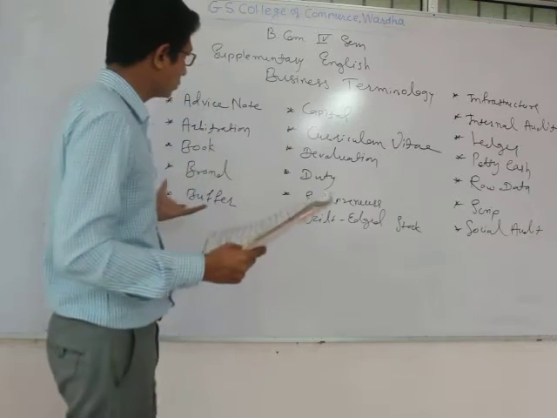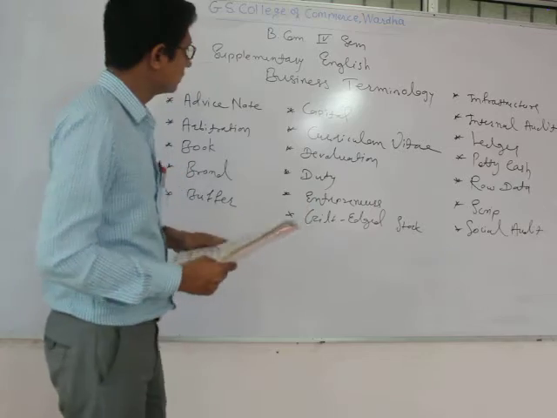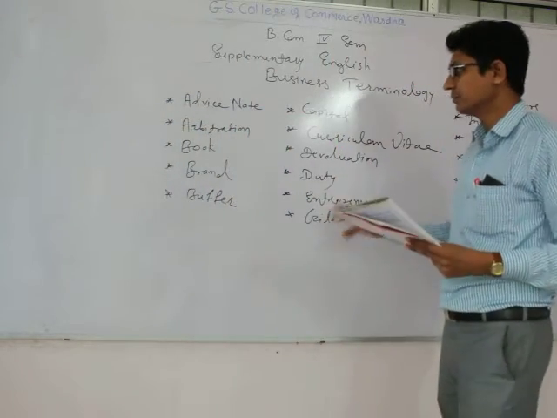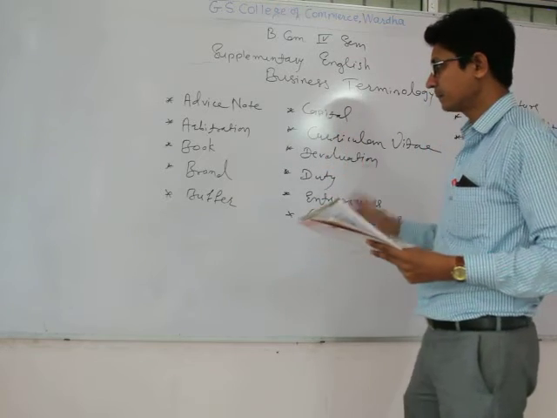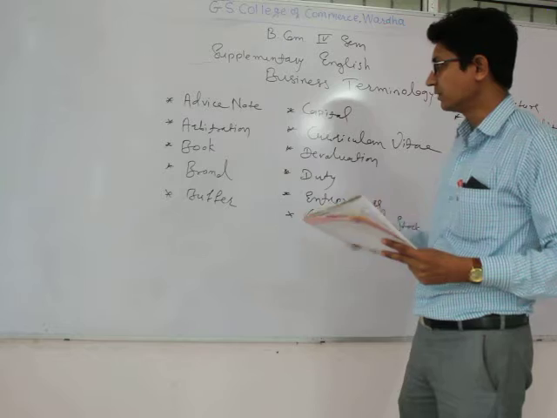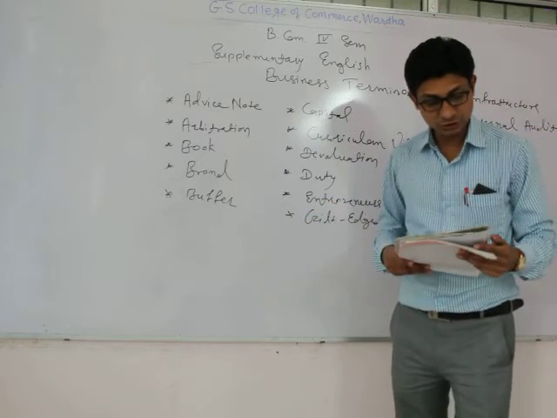So here also you will find near about the same thing, and here also you will be given the explanation, and for that explanation you will have to write a correct and apt specific term, that is called business terminologies.